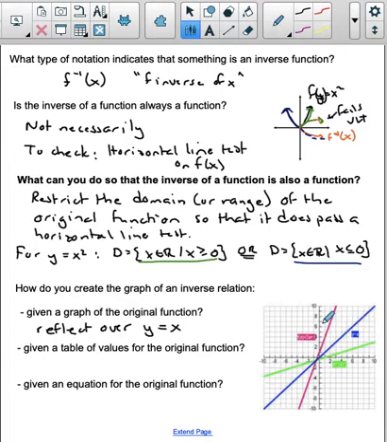If you're trying to visualize, you just want to take points and flip it. If you're given a table of values, you're just going to switch the columns, right? Because the whole idea of an inverse is that you're switching your x and your y. So the x values become y values, and the y values become your x values.